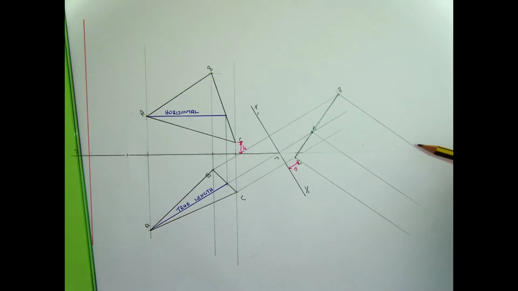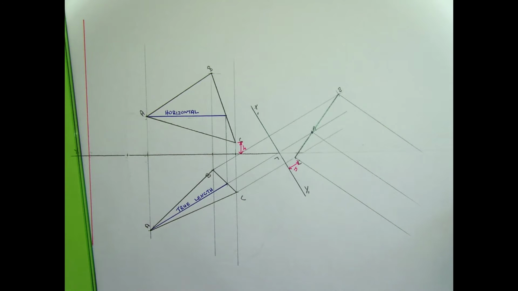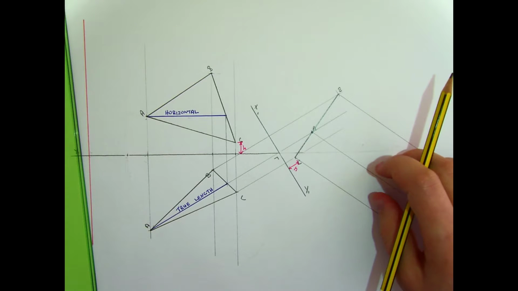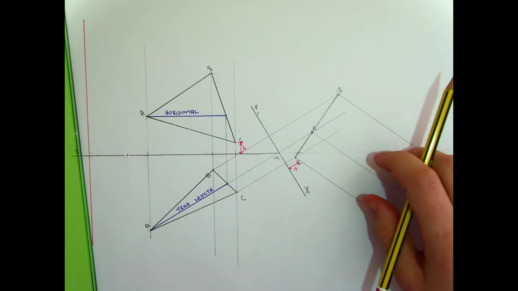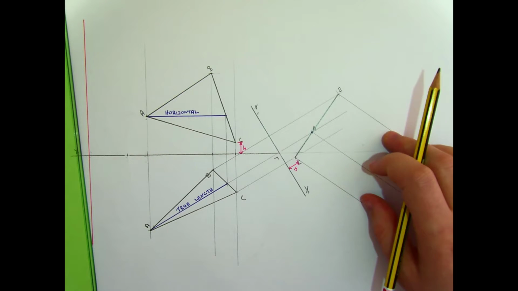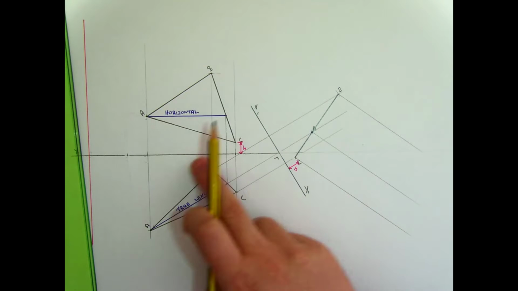Out along here, point B is going to be out here somewhere, A here somewhere, and C on this line. As this is a second auxiliary view, I'm going to follow my rule for measuring where I'm taking my distances from. I'm skipping this view, so I'm going to measure from this view.